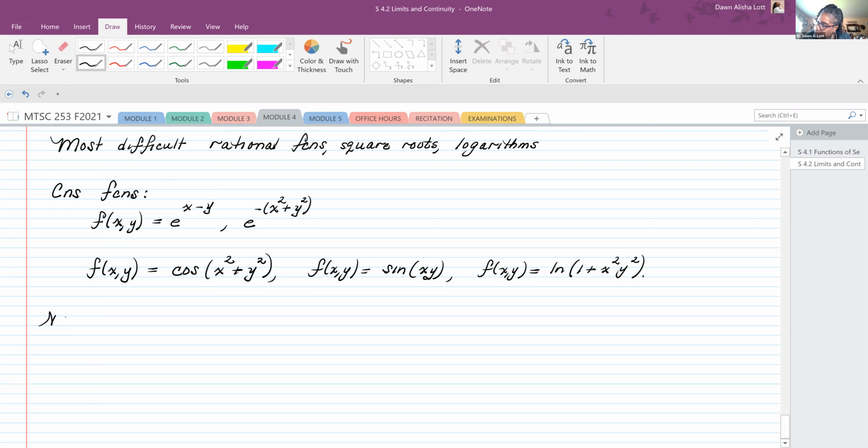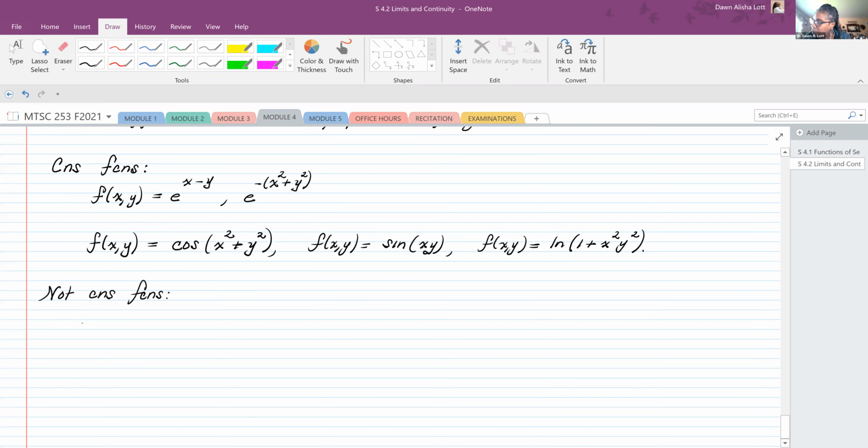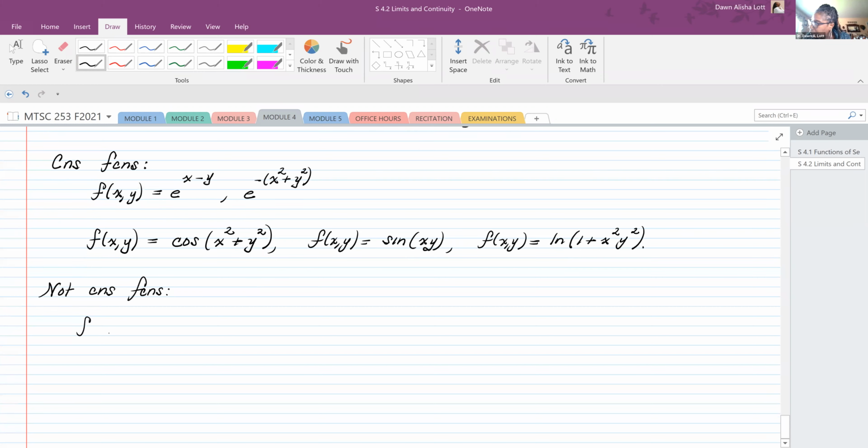Not continuous. F of x, y equal to 2xy over, and we'll do this one, x squared minus y squared plus y squared.